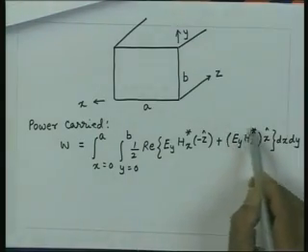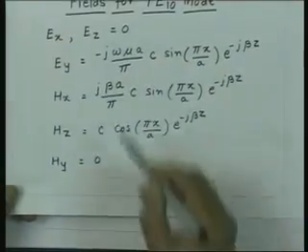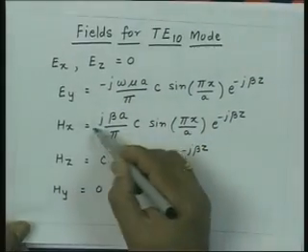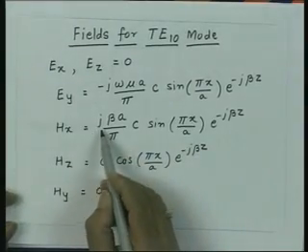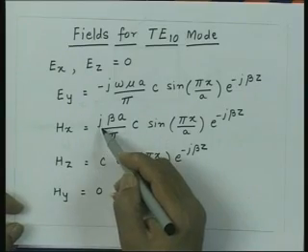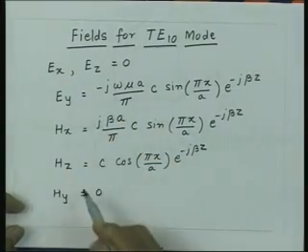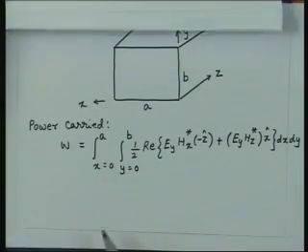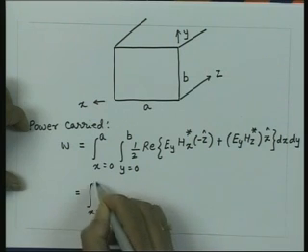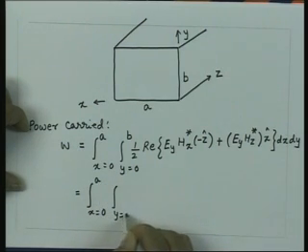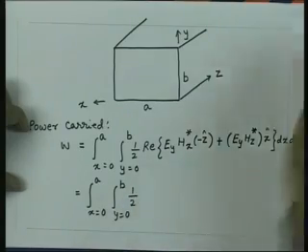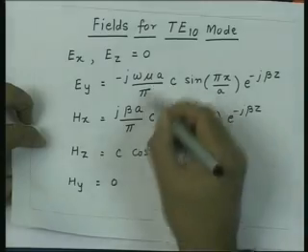Now as I mentioned, this quantity is purely imaginary from here. So the product which we require is this, and this minus z, if I take Hx conjugate, this will become minus j. If I take a product of these, that will become plus. So my j square will become minus, and then with this minus sign will compensate for that. So you will get the integral x equal to 0 to a, y equal to 0 to b, half multiplication of these two.